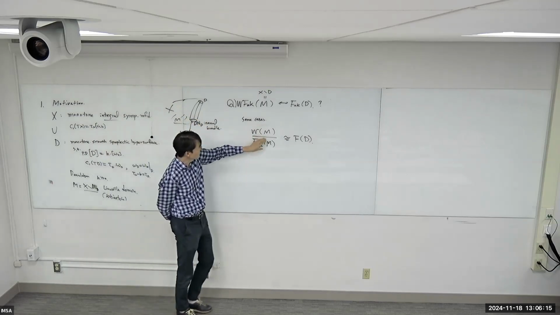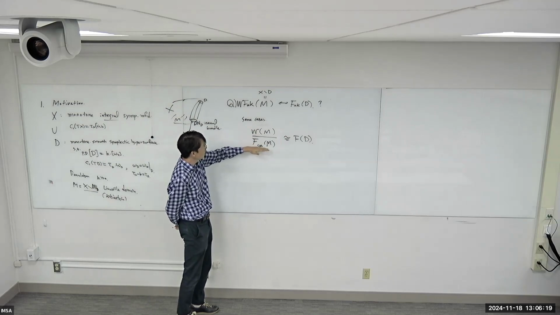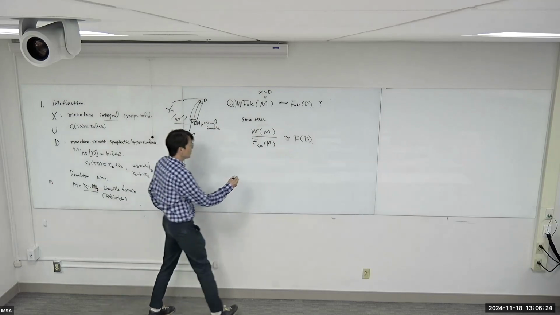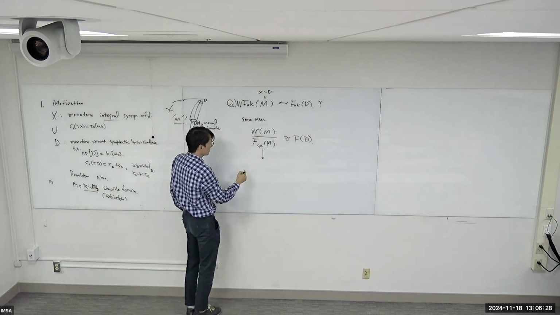The heuristic is that in the wrapped category of M, if you kill something compact, you should get something on the boundary. That's the rough idea, and this is called the stable category.